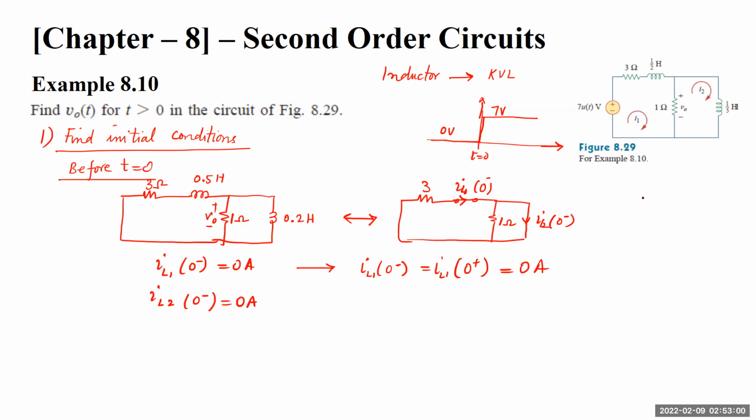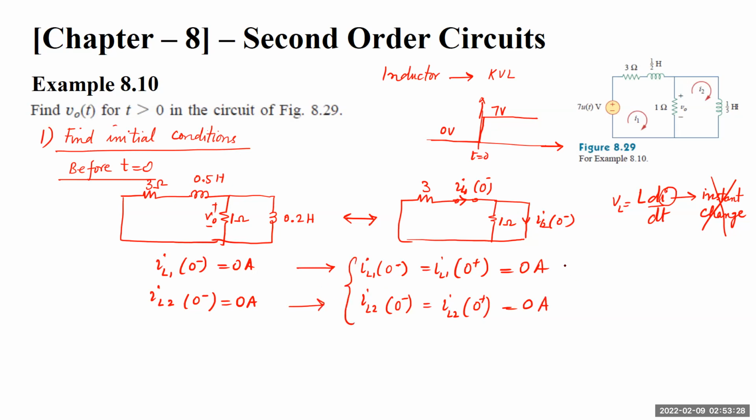Remember, L times di by dt is the voltage across the inductor, and it shows that the current does not change instantaneously. Instant change is not allowed. Similarly, IL2 at 0 negative is equal to IL2 at 0 positive, which is 0 amperes. So these are our first two initial conditions for our circuit.